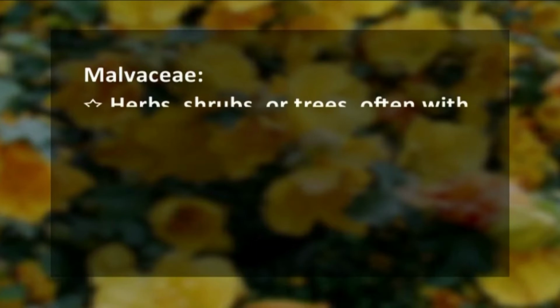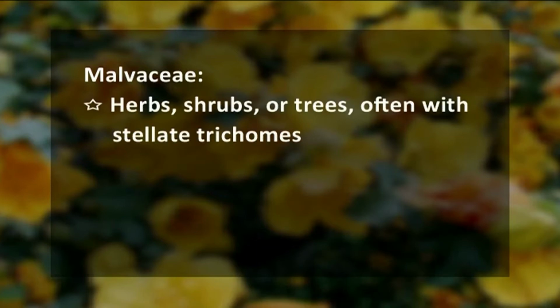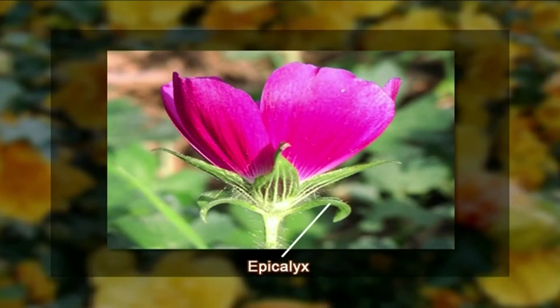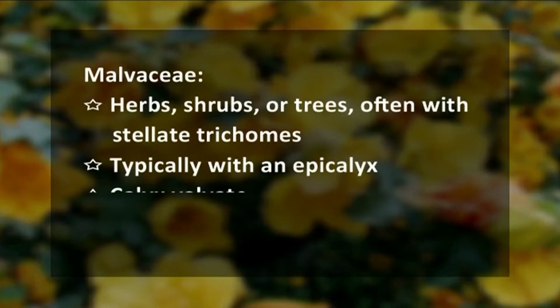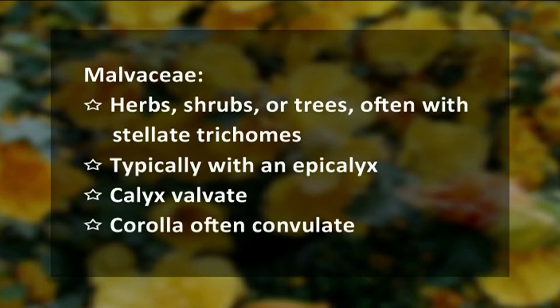The family members are unique in having herbaceous or shrubby or tree habit. They are often with stellate trichomes. They typically have an epicalyx. The calyx is present and is characteristically valvate. The corolla is often convolute.